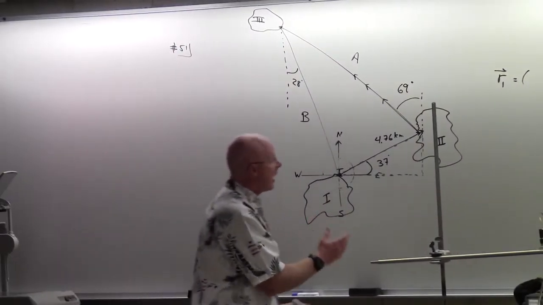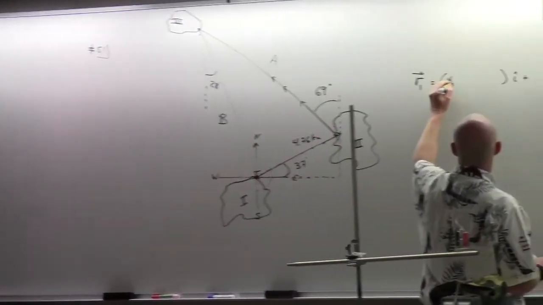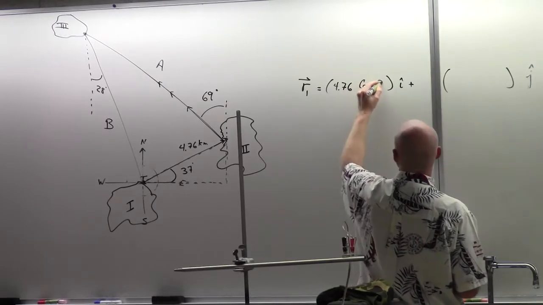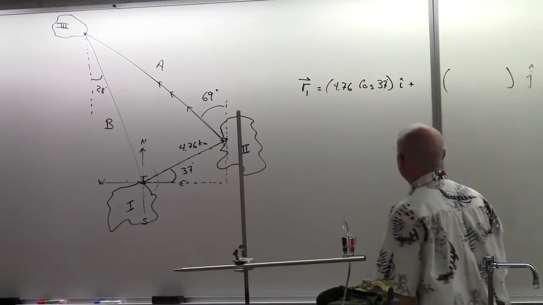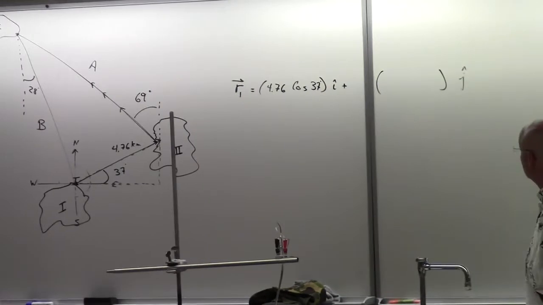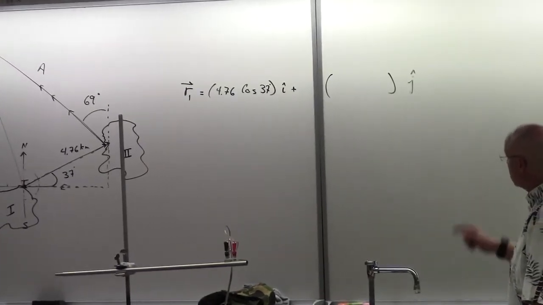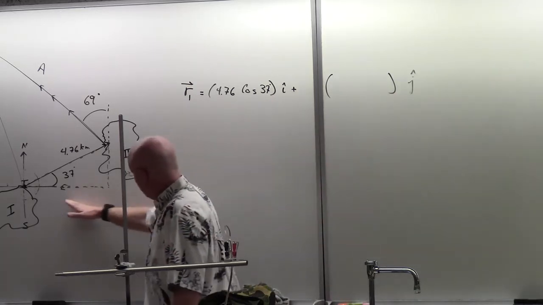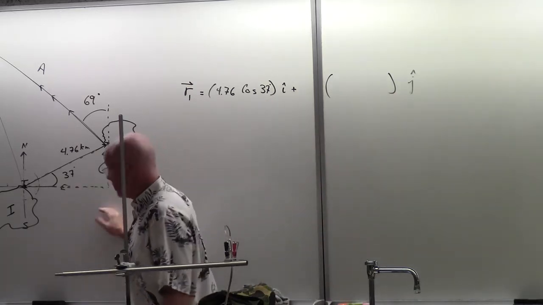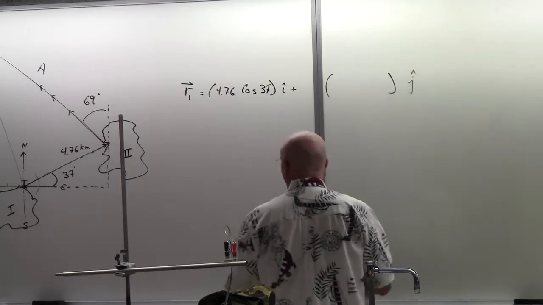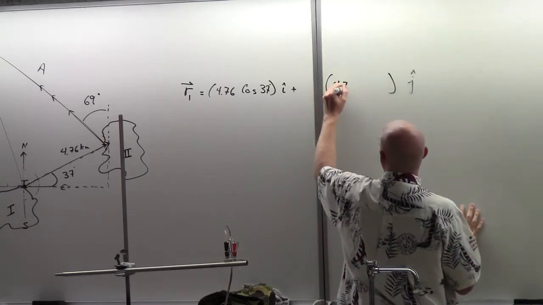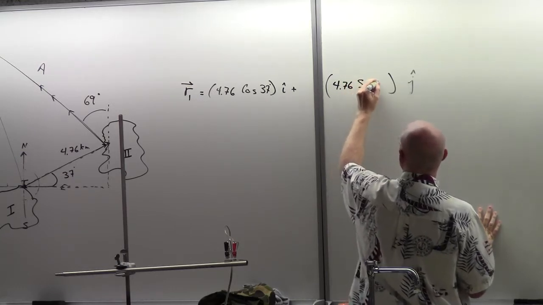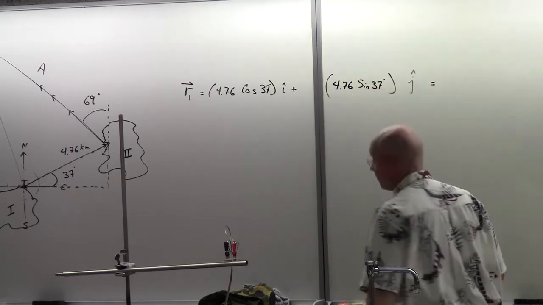And so in this case, I would take the 4.76 and multiply it by the cosine of 37 degrees. That would be how much you moved to the east, the x direction. And likewise, to the north, or the y direction, 4.76 times the sine of 37 degrees.